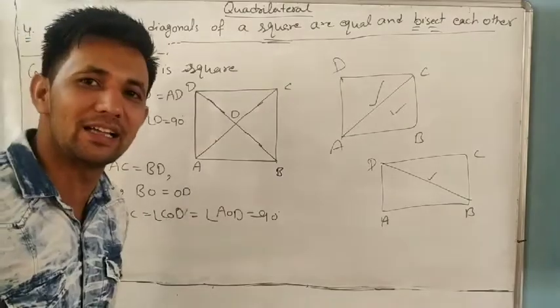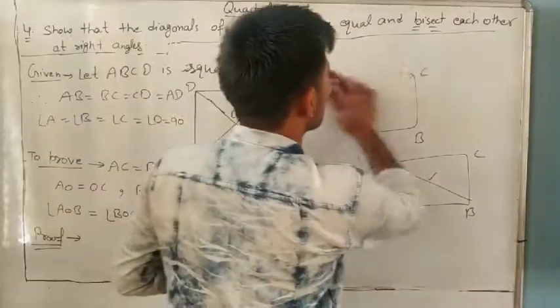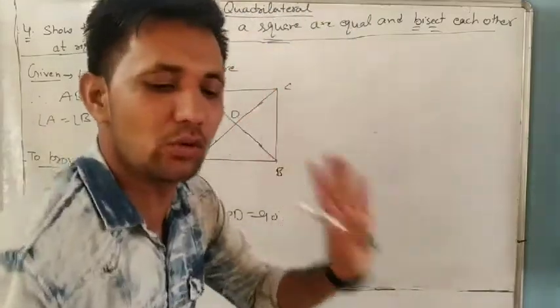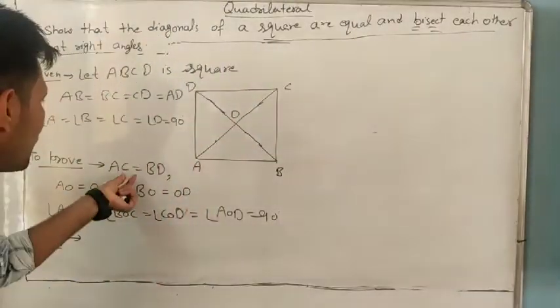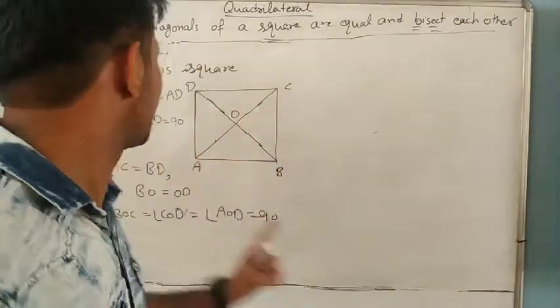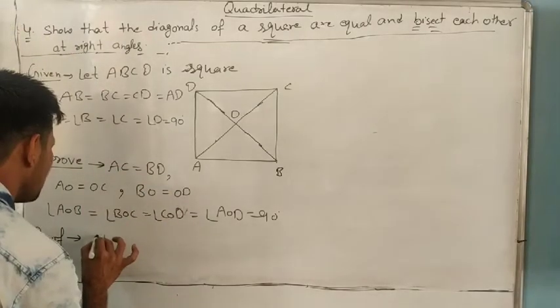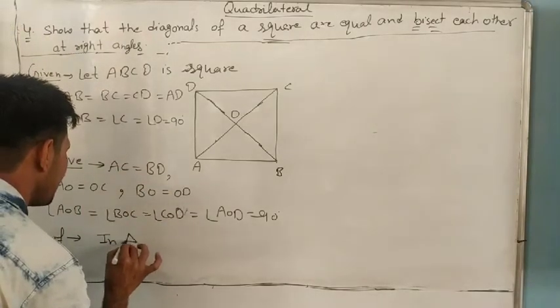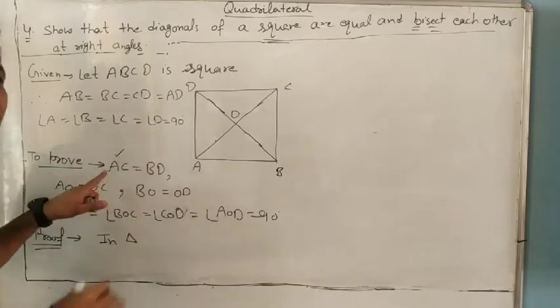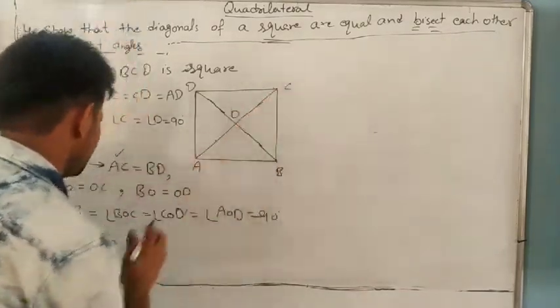So we will take two triangles, any two triangles, in which AC and BD are given. You can write, in triangle ABC, first take the triangle in which AC is given.